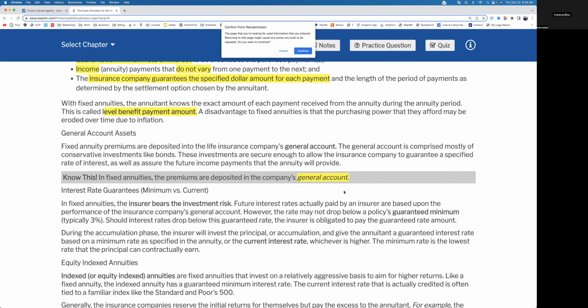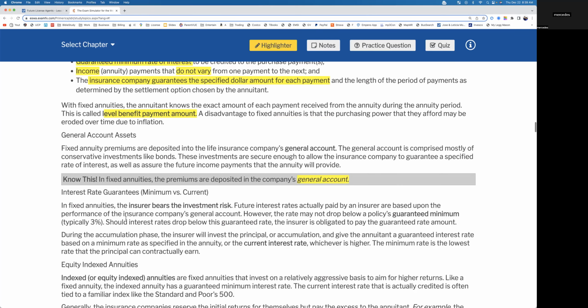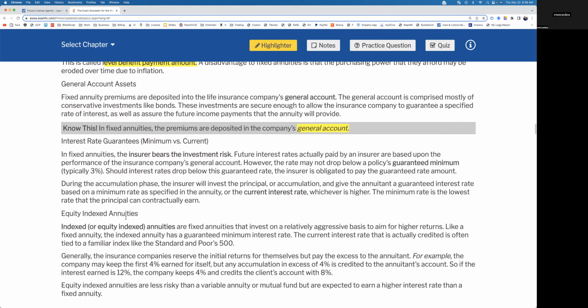But if it's in a separate account, that means it's in a mutual fund, and the client bears the risk of loss. I'll show you what types of annuities are invested in separate accounts.